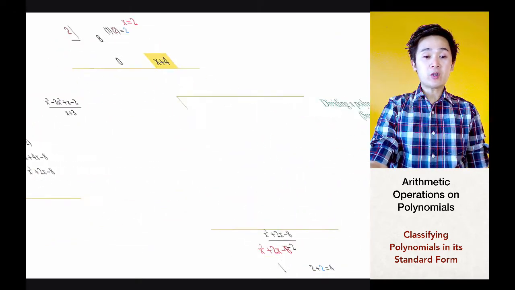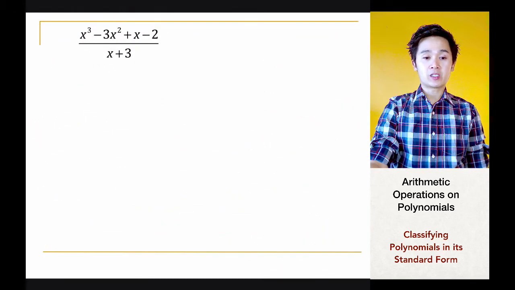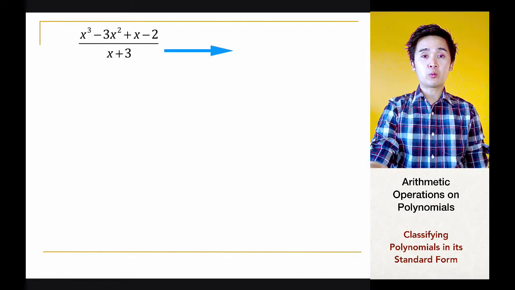Now, to give you another example of synthetic division, we'll have x cubed minus 3x squared plus x minus 2. Just like in our other example, we will convert the denominator and equate it to 0 so we can have our new divisor. So x plus 3 is equal to 0, minus 3 on both sides so x is by itself, will be negative 3.